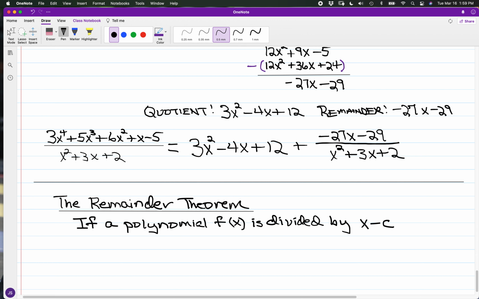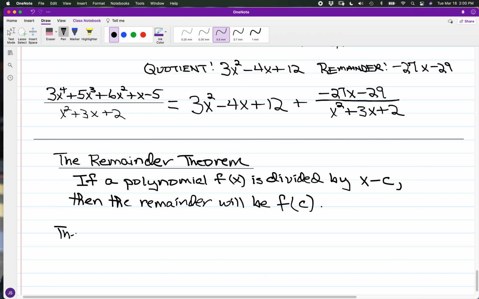If a polynomial f of x is divided by x minus c, then the remainder will be f of c. In other words, if you have a polynomial divided by x minus c, and c is your 0, then the function value, whenever the input is set equal to that 0, is going to be the remainder. So if a polynomial f of x is divided by x minus c, then the remainder will be f of c.